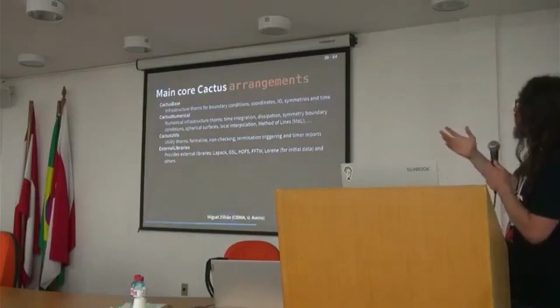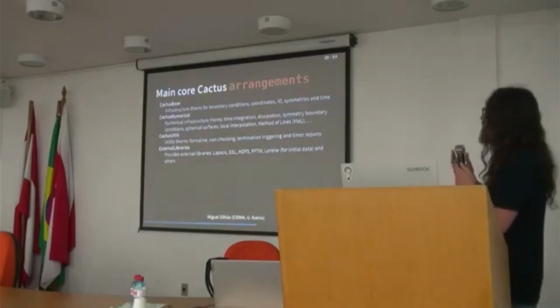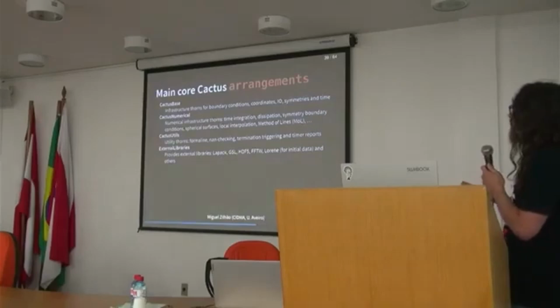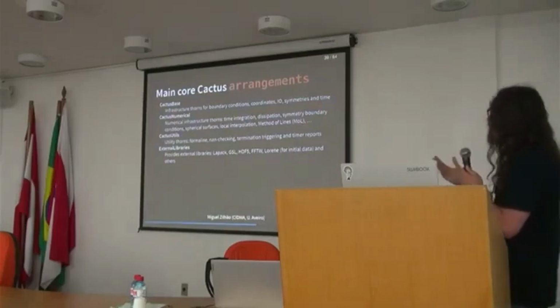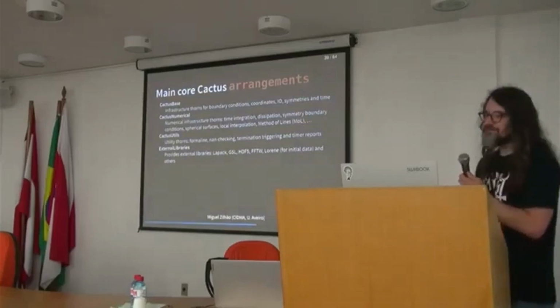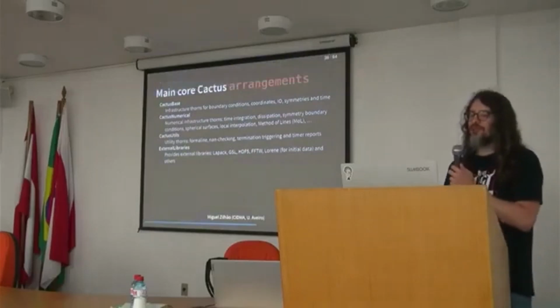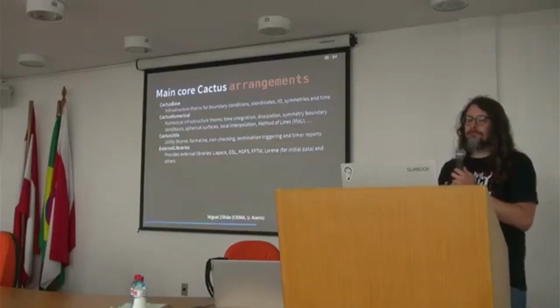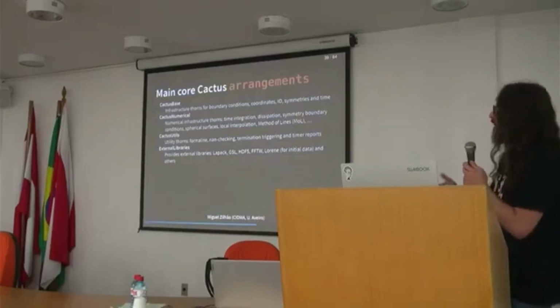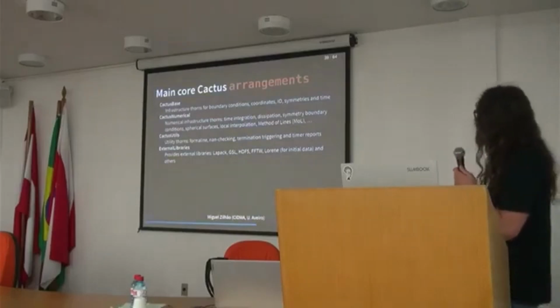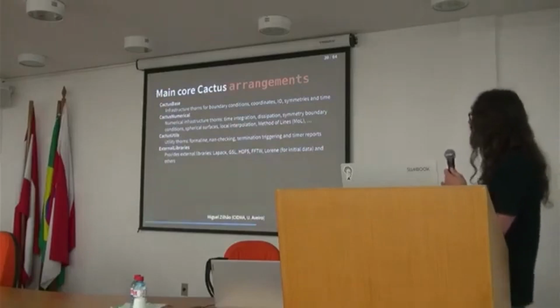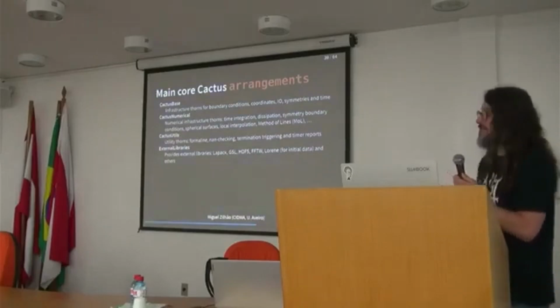In particular, CactusBase has infrastructure thorns for boundary conditions, coordinates, input and output, symmetries. CactusNumerical has things intrinsically for numerical methods in a way: time integration, dissipation algorithms, symmetry boundary conditions, specifying spherical surfaces, interpolations, and so on.